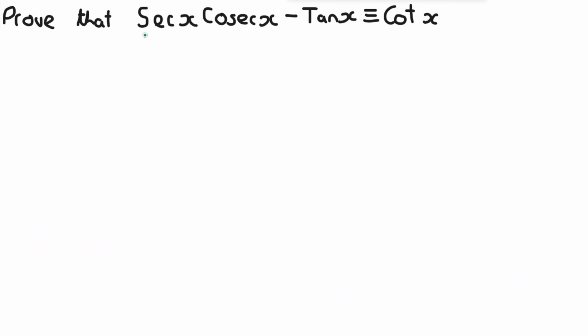So for question 1, we need to prove that sec x cosec x minus tan of x is equivalent to cot of x, like this. So remember the first tip, we should always write everything in terms of sin x and cos of x. So sec of x is equal to 1 over cos x, times cosec x, which is equal to 1 over sin of x, minus tan of x, which is equal to sin x over cos of x.